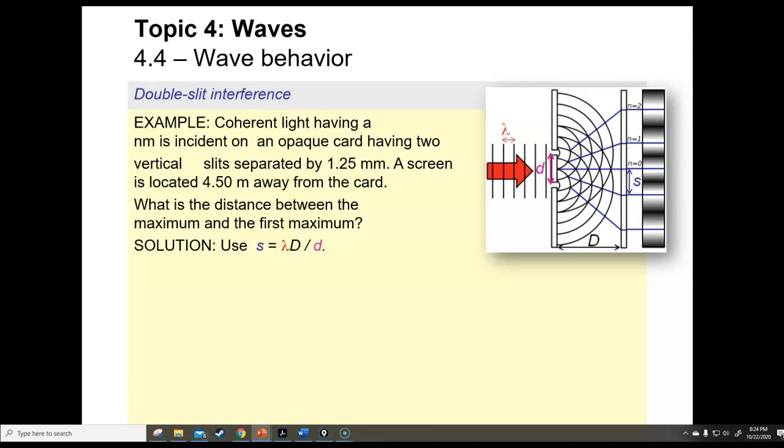Super easy calculation as long as you convert all of the units correctly. If we're solving for S, we're given the wavelength in nanometers, which means we need to convert to meters. Remember, nano is 10 to the minus 9. So here in the solution, you can see they multiply by 10 to the minus 9 to convert from nanometers to meters.